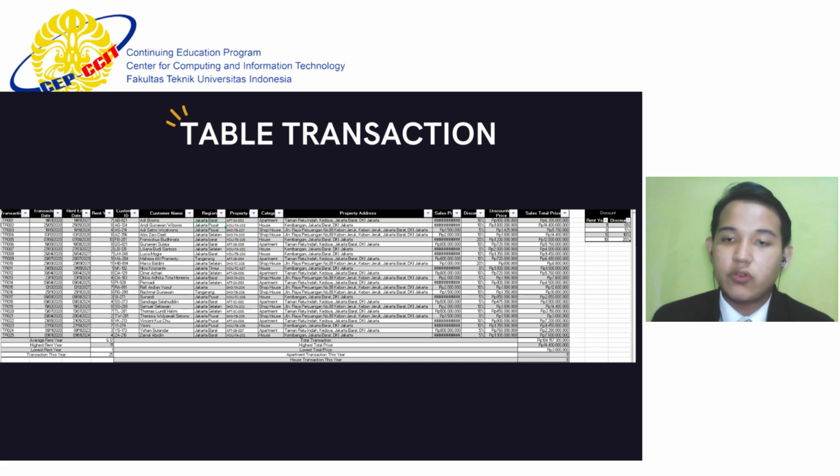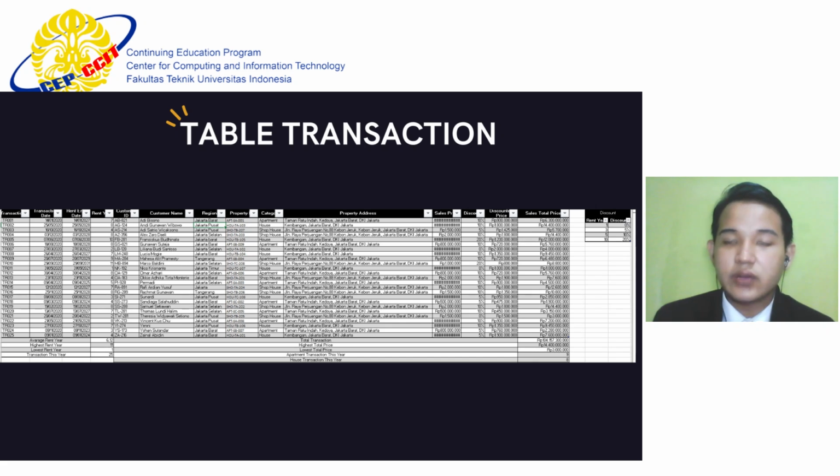For the discount column, it's referred from the rent year. It can be seen on the upper right. There is a small table called discount that consists of two columns, rent year and discount. If the rent year is 1 or more, the discount is 0%.